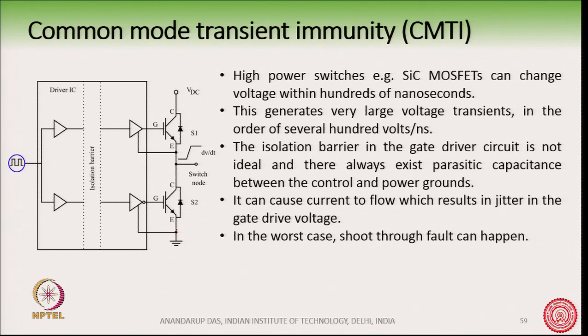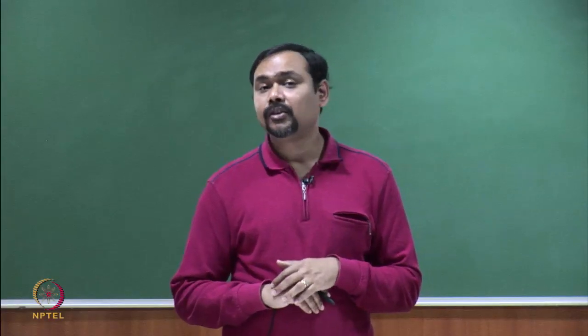So, this voltage during turn on or off can change drastically, in the order of several hundreds of volts per nanosecond. Now, although the isolation barrier in the gate drive circuit is present, it is not ideal.